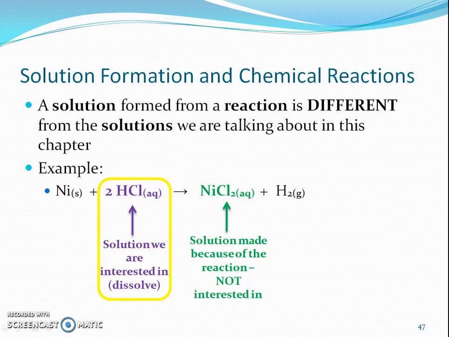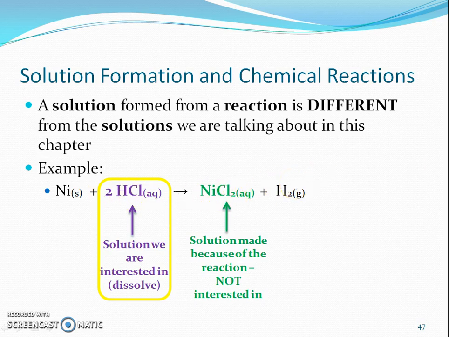So I also want to remind you that we're talking about the solution that we're going to use maybe in reactions, but it's not a product, okay? We're not thinking about the nickel chloride here, in other words. This is an aqueous solution, I get that, but this solution came from the reaction that we formed, okay?